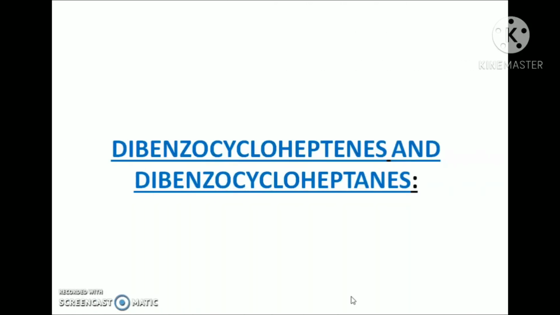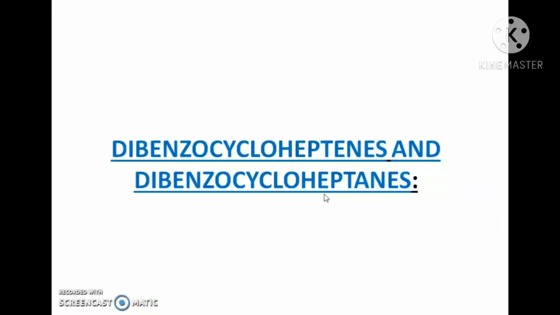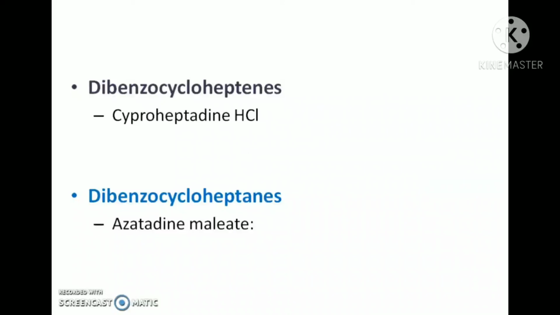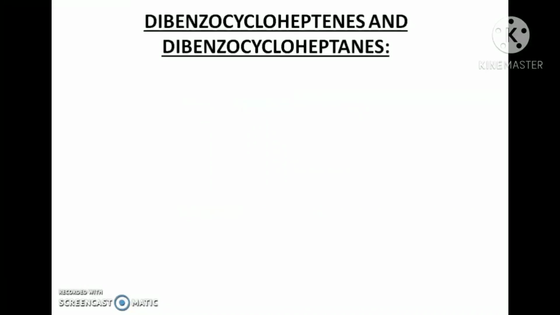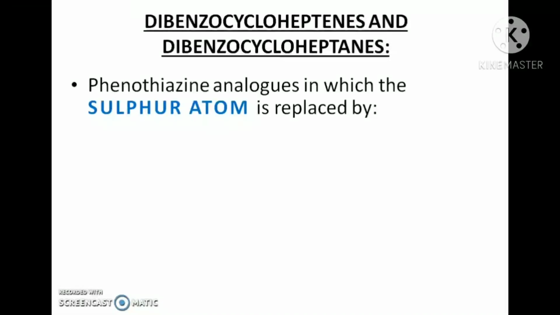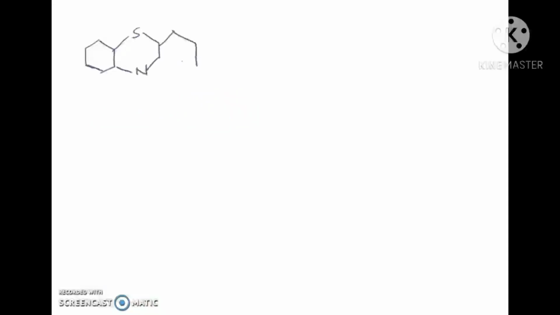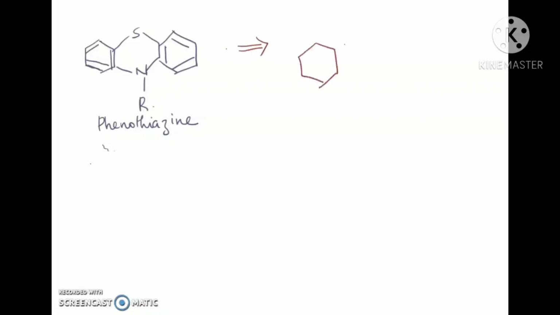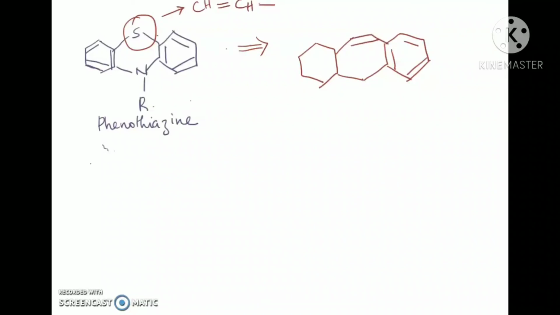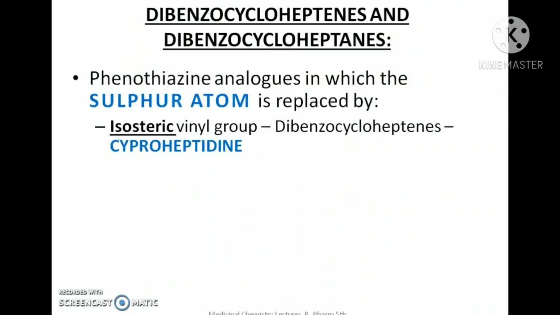Coming to the next class of compounds, dibenzocycloheptenes: cyproheptadine, and a dibenzocycloheptane, example is azatadine. So they can be considered as phenothiazine analogs, in which the sulfur atom is replaced by an isosteric vinyl group, CH double bond CH group, and that gives dibenzocycloheptenes, cyproheptadine, and a sulfur atom replaced by an ethyl bridge, CH2CH2, to form dibenzocycloheptanes, azatadine derivatives.